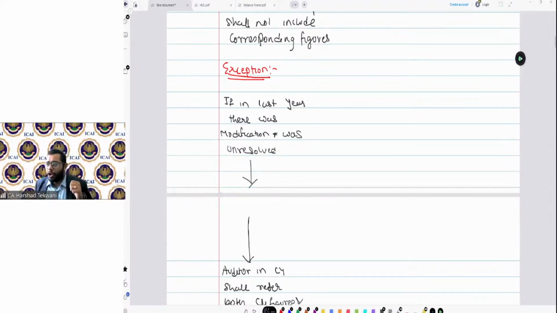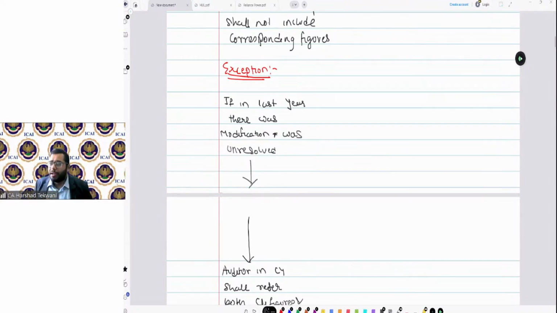So what if the auditor obtains audit evidence that a material misstatement was present in prior period financial statement on which an unmodified opinion was issued? Because I performed the testing now, I checked the number, and I came to know that there was a misstatement last year which was not identified.